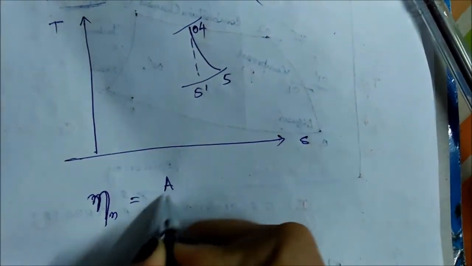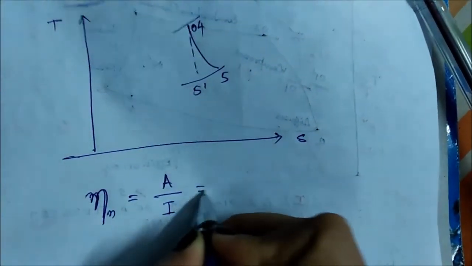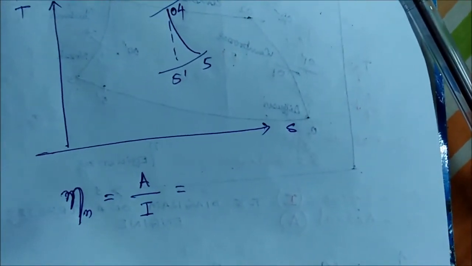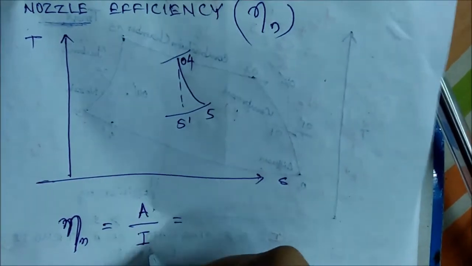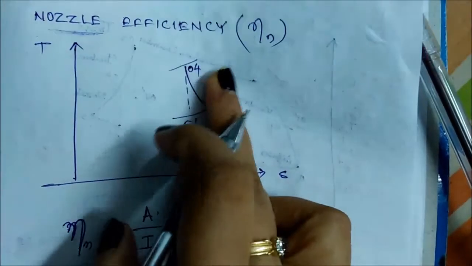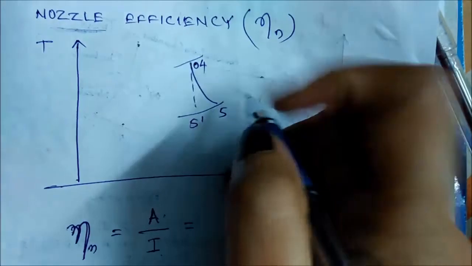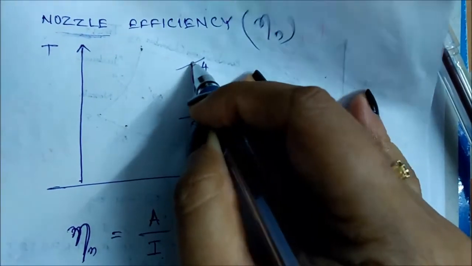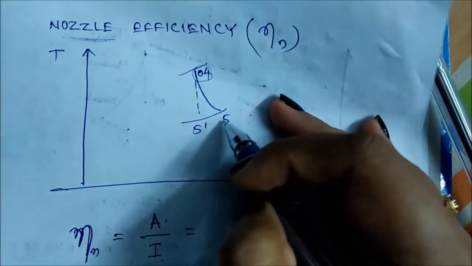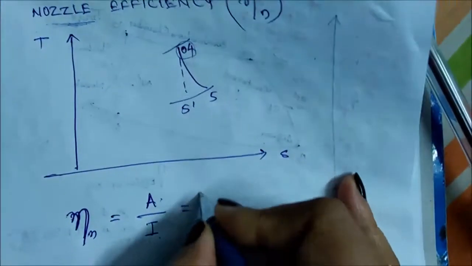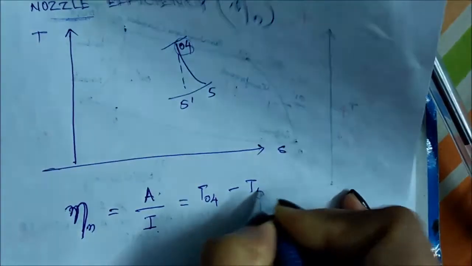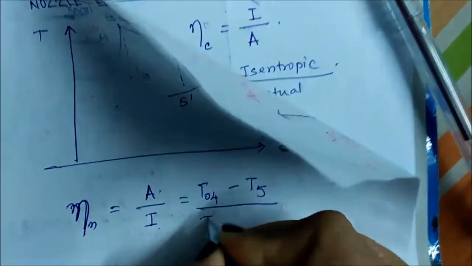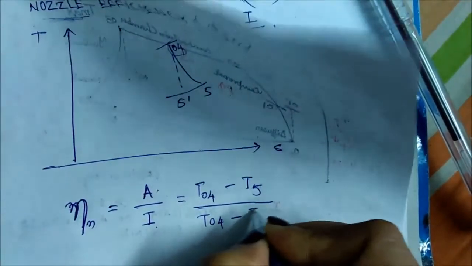That is actual by ideal or isentropic form. So now we are going to write the temperatures for the actual and the ideal. So who has the highest temperature? That is 4 compared to 5. So first we'll write T04 minus T5 divided by T04 minus T5 dash.